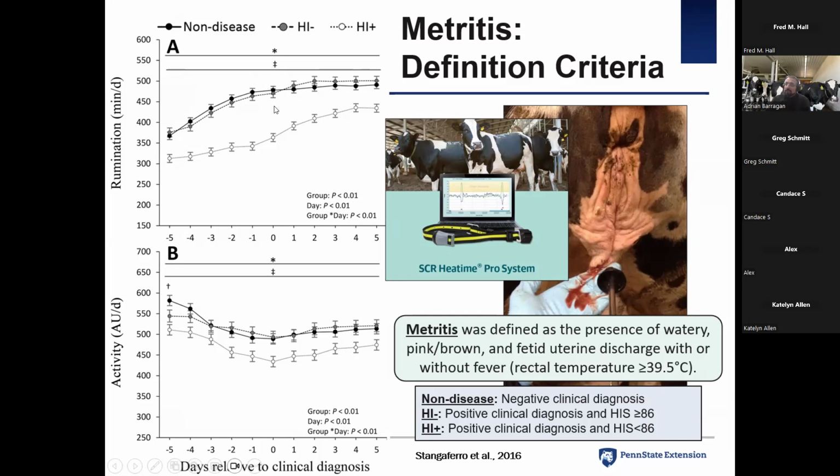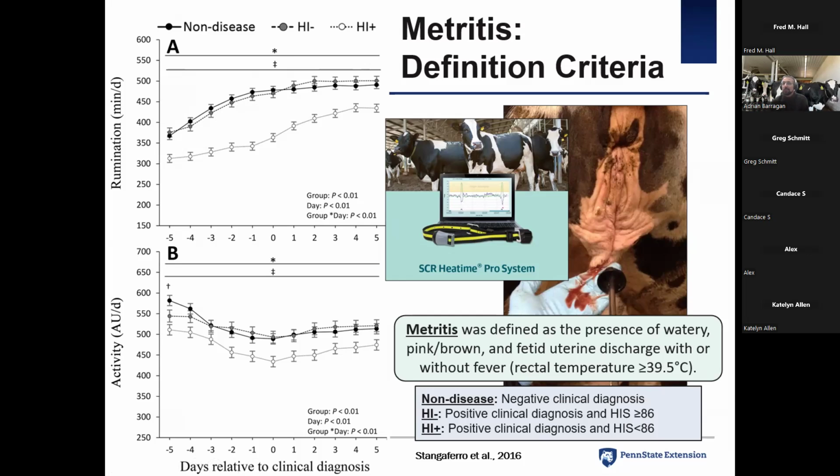The gray circle are the animals that have a clinical diagnosis, but the system didn't flag it. So the HIS was higher than 86, which means that the changes were not significant, were not considered pathological. And then the HI plus is the animals that were clinically diagnosed with metritis and the system flagged them.